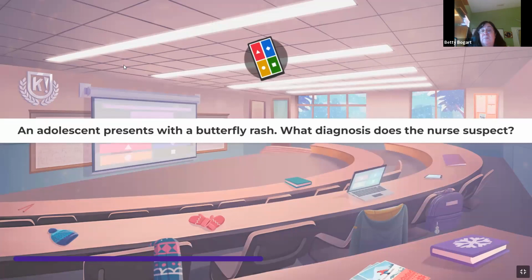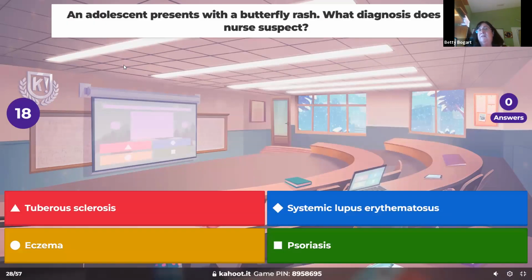So an adolescent presents with a butterfly rash. What diagnosis does a nurse suspect? This is on the face, and that rash could look like many different things.